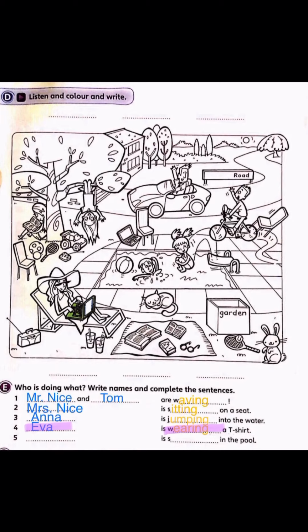Now the last sentence. We have a verb that starts with the letter S. And the rest of the sentence is in the pool. So someone is in the pool. What is the verb that starts with S? Very good.